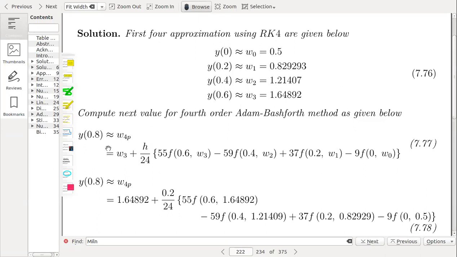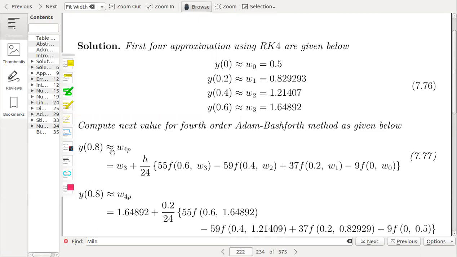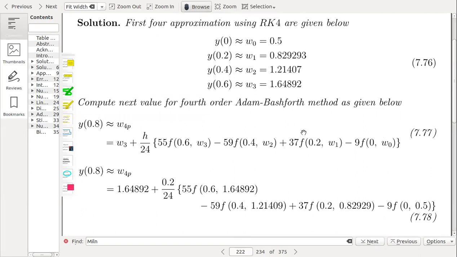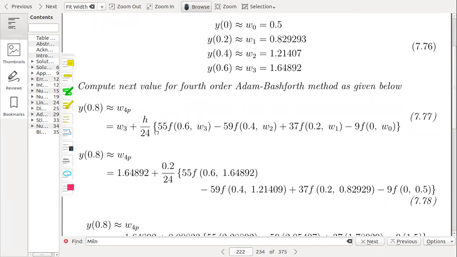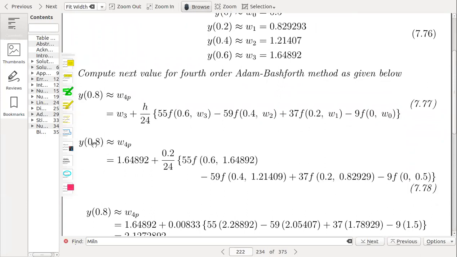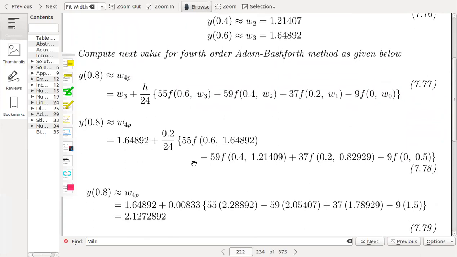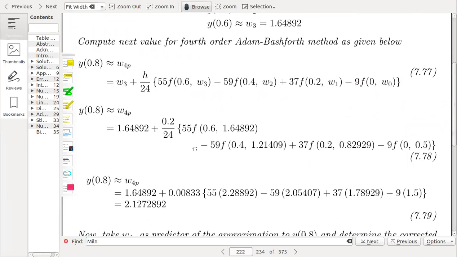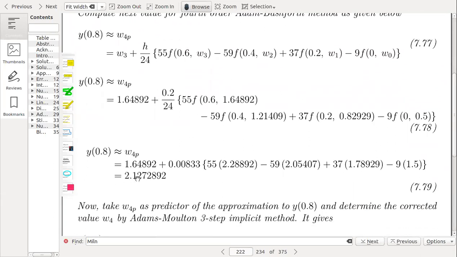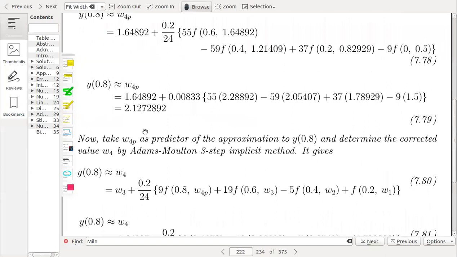So at 0.8, we have applied the predictor part of the Adams-Bashforth predictor corrector formula, and this value is approximately equal to 2.1272892. And now we need to apply the corrector part of the method.